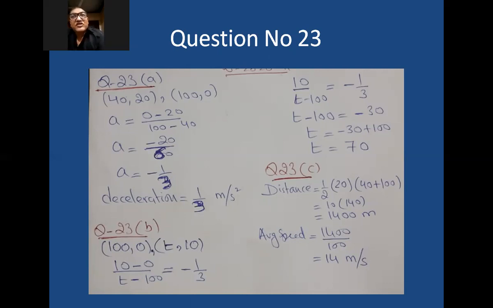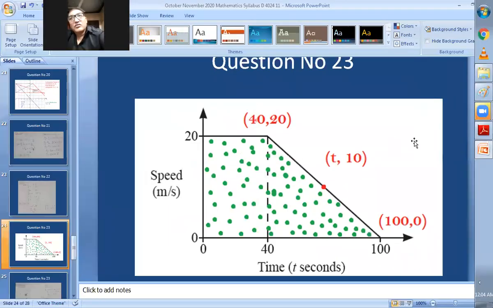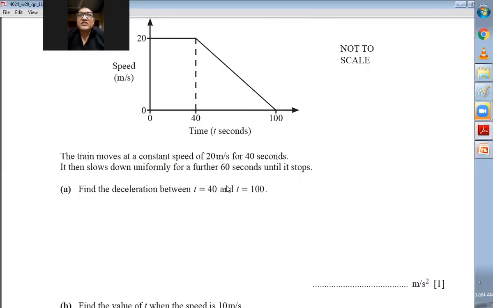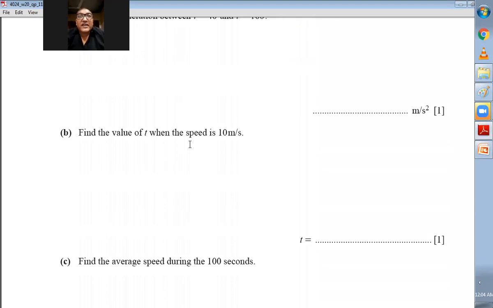The 1 by 3 meter per second square is the answer. I hope you have understood how I found the slope of this speed time graph, and that slope means deceleration. Okay, so let me go back to the question. That was question number 23A part.